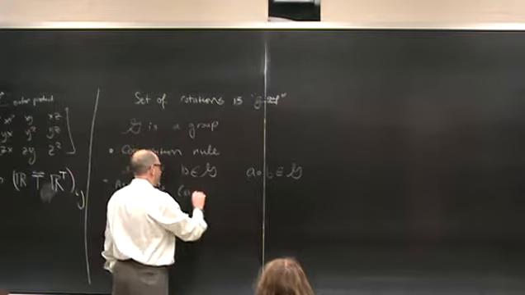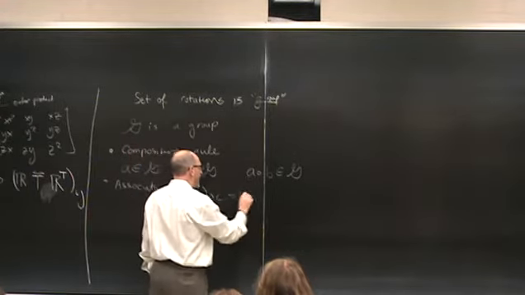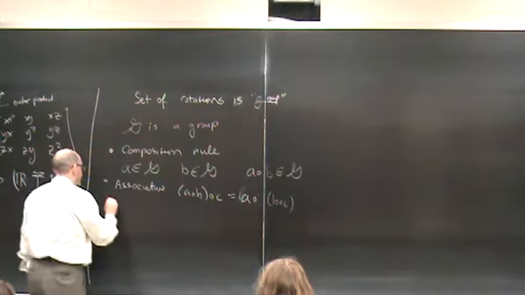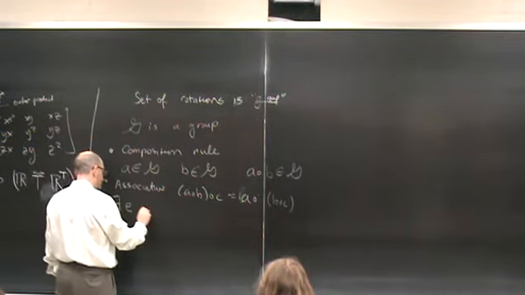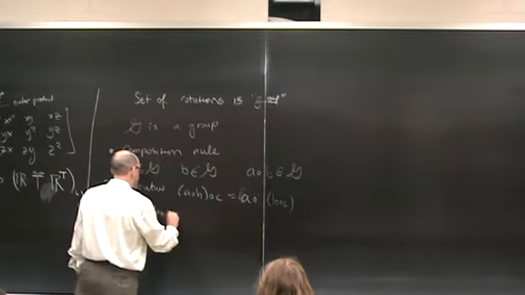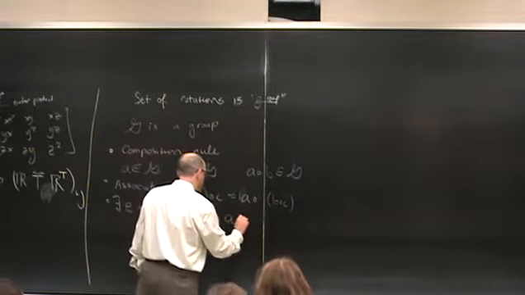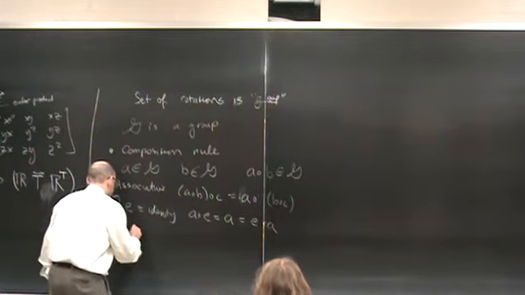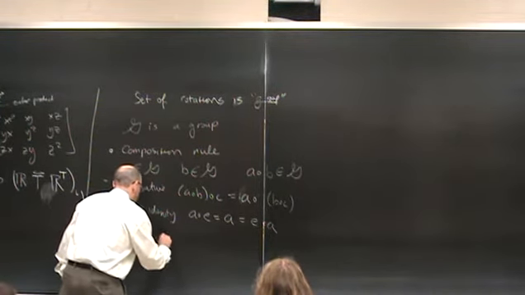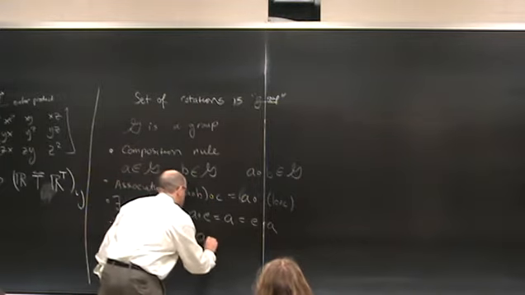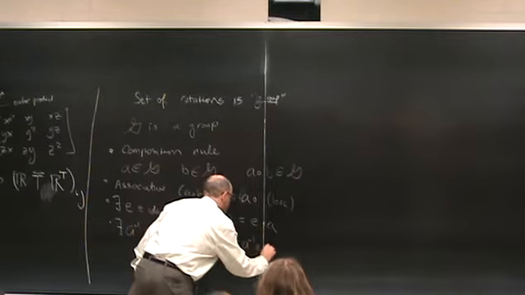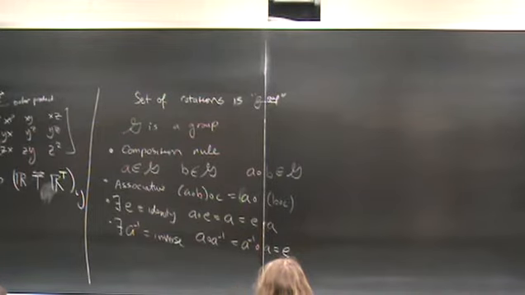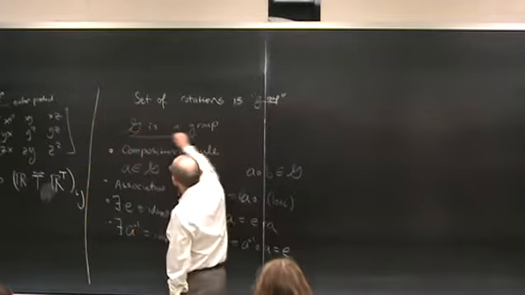That is to say, I can first compose A with B, and that's the same thing as A composed with what you get when you compose B with C. There exists an identity element, which gives you back the element when you compose it either on the right or the left, and there exists an inverse, which, when composed with the element, gives you the identity. Those properties define the set G to be a group.